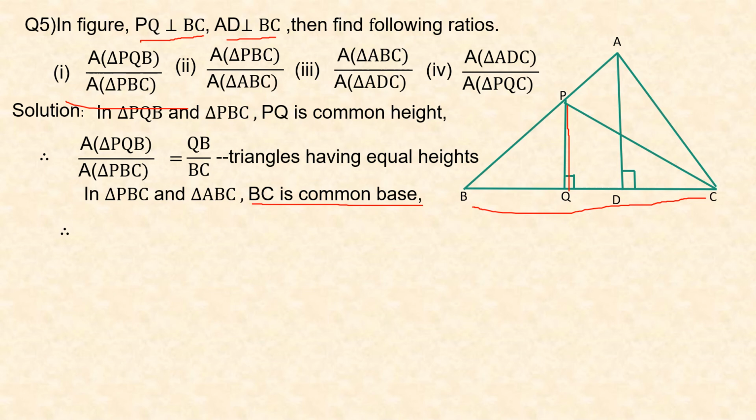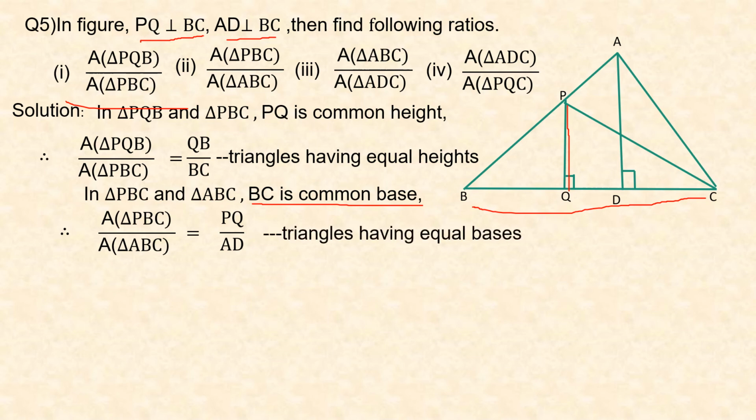Therefore, area of triangle PBC is to area of triangle ABC is equal to, their corresponding heights are PQ and AD. Therefore, answer is PQ upon AD. Reason, triangles having equal bases.